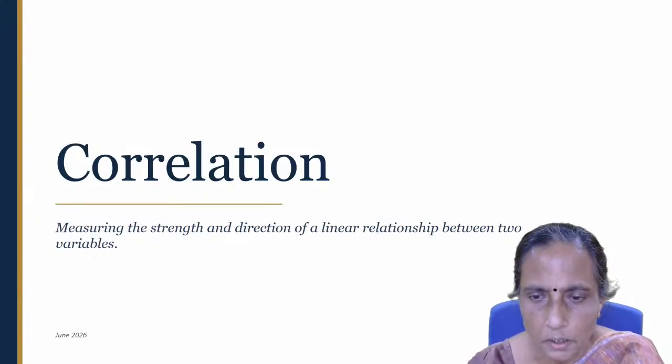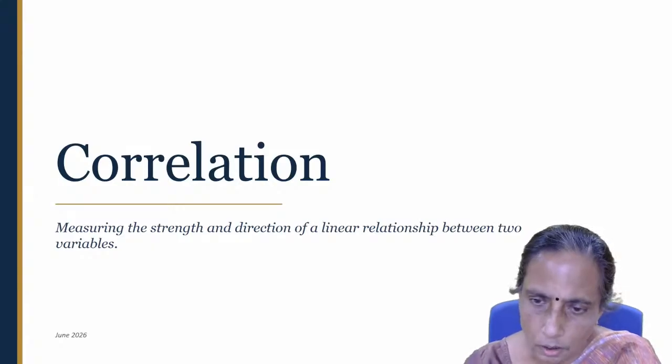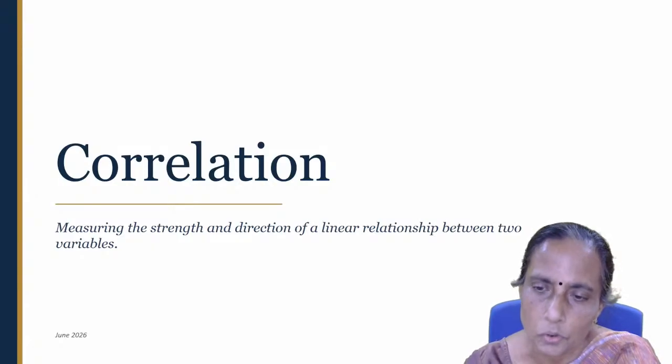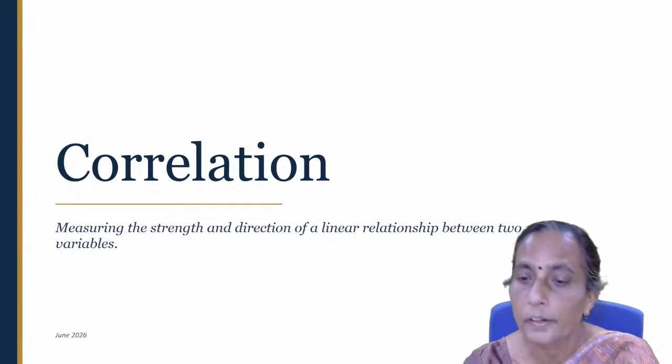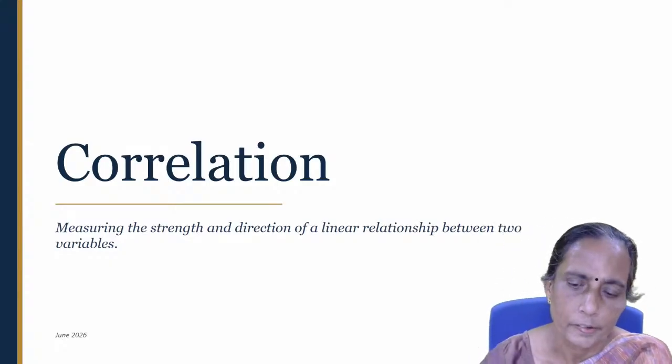Correlation speaks about the association between two variables. It measures the strength of the association and the direction of the association. By direction I mean whether it is a positive direction or a negative direction of a linear relationship between two variables.